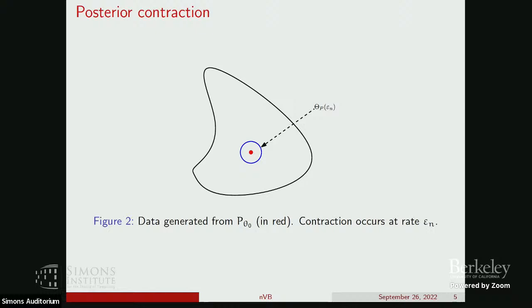But now, depending on the complexity of the problem, depending on the rate of growth of your parameter space and your data generating distribution, your posterior is still supported on a ball of shrinking radius, but this radius size might not be 1 over root n anymore. There is some information theoretic bottleneck here. And in many cases people now understand the conditions on the problem so that this epsilon n is essentially the information theoretically optimal rate. There are cases where we understand this.